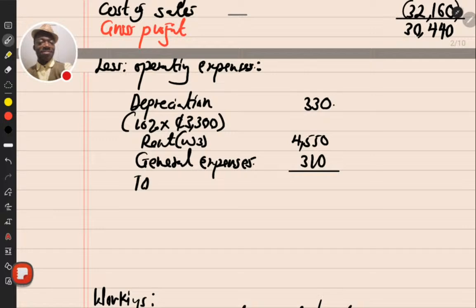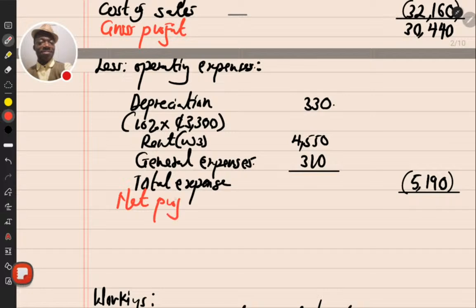So we'll have our total expenses to be equal to 5,100. So we just have to do a subtraction from our gross profit so that we'll get what we call the net profit.